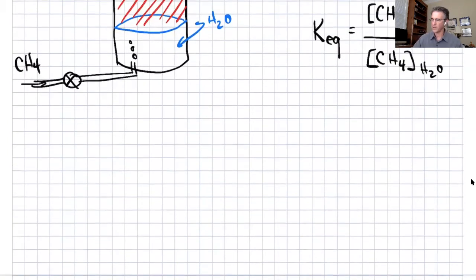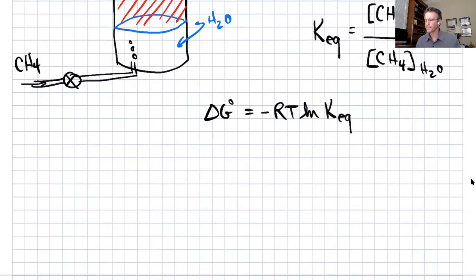Remember, there's this incredibly useful relationship between the equilibrium constant and the free energy. And remember, assuming we've let the system come to equilibrium, which is what the EQ means, what has to be true is that the standard state free energy for this system has to simply be equal to minus RT natural log of that equilibrium constant.